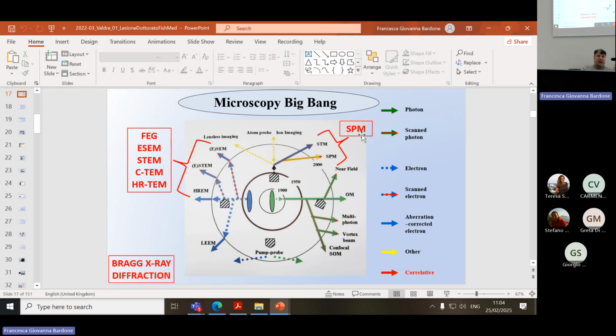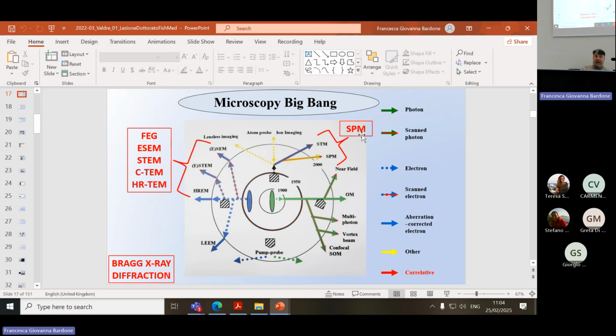It's not completely different from the electron microscopes. You have a probe, and this probe is not fixed; it makes a scan. So scan, probe, microscopy. I want to be clear at the beginning.